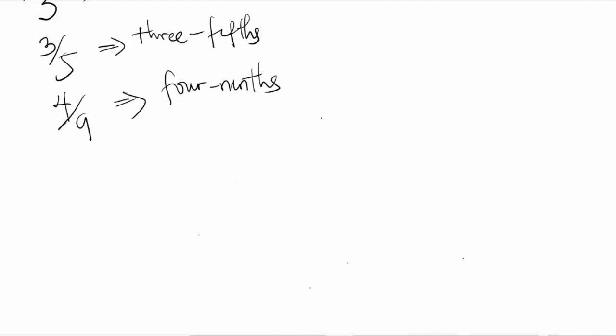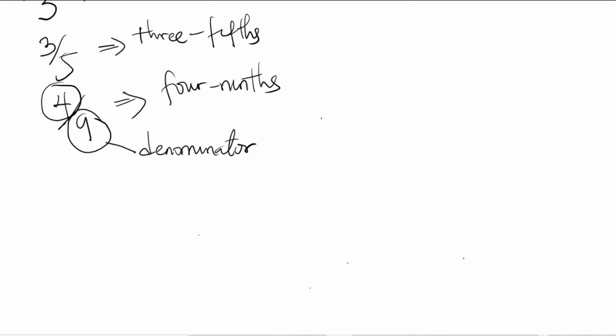And the number below the line is called the denominator. It shows the number of equal parts the whole has been divided into. The number below is the denominator, while the number above is called the numerator.